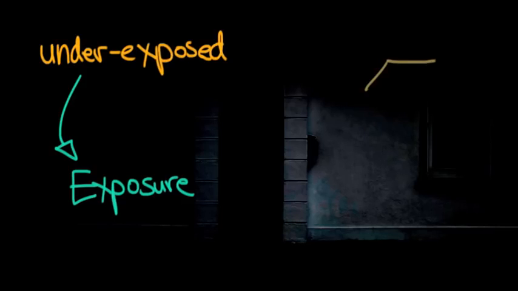Exposure is a way of measuring how well you have done getting the right amount of light onto your film. So imagine over here we've got a piece of film or a digital sensor, just something light sensitive. I always seem to use the little brown squigglies for that.